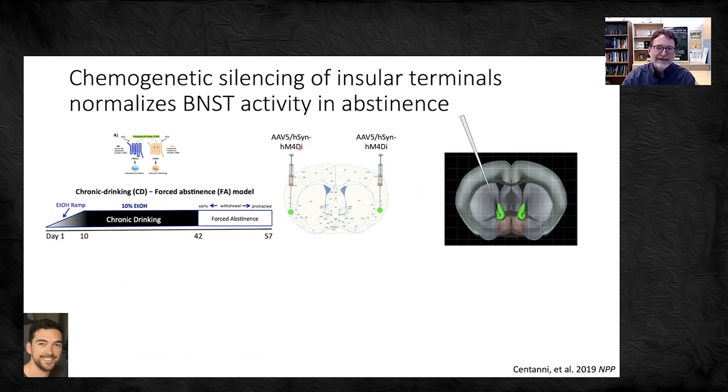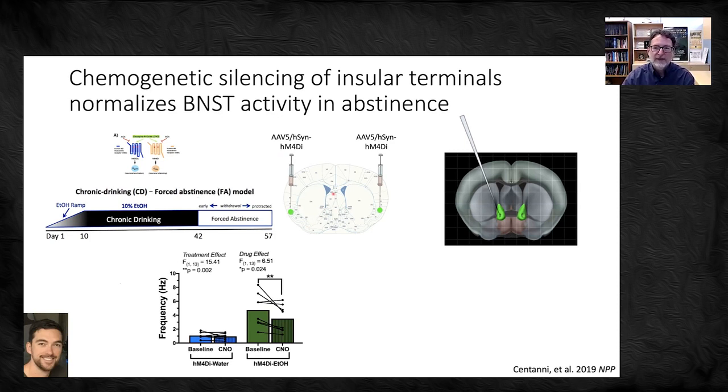And the Di version, the Gi-coupled GPCR, tends to inhibit transmitter release. So we express the hM4Di in insular neurons. It goes down the presynaptic terminals into regions such as the BNST, so that when we activate the Gi GPCR with CNO, we can see its impact on BNST function.